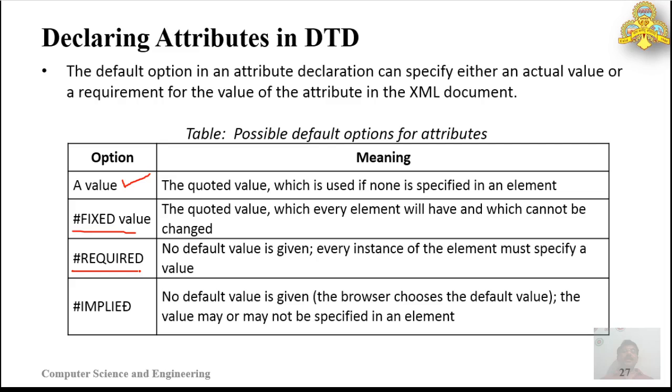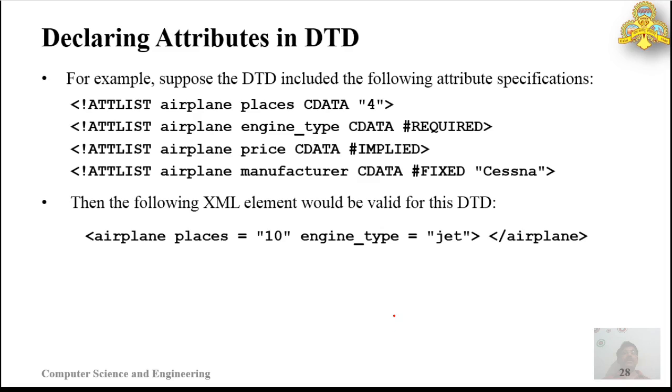Required means that in the XML file we must provide the value, there is no default value. Implied means that if no value is given, then the browser chooses the default value, and it may or may not be specified in an element. So now we'll go for the example.